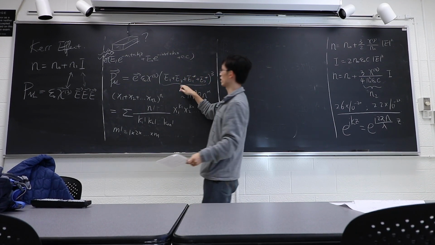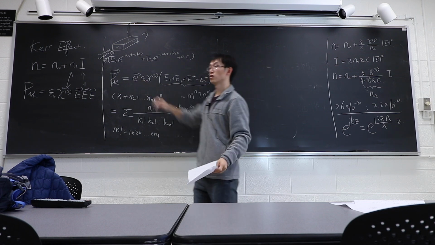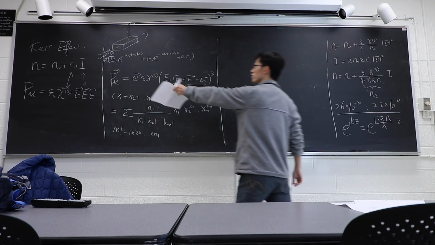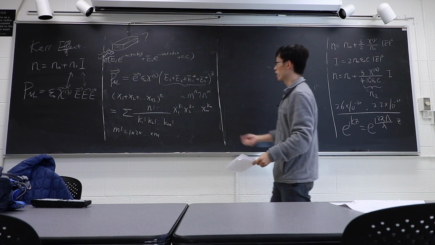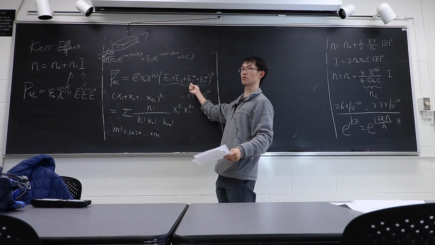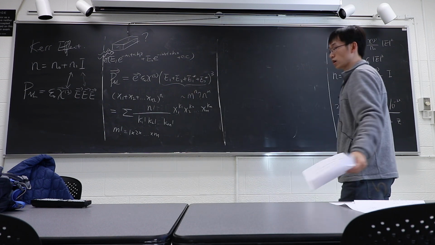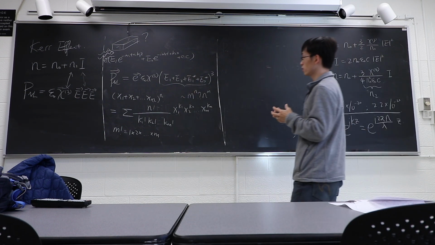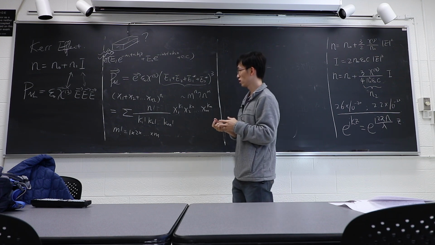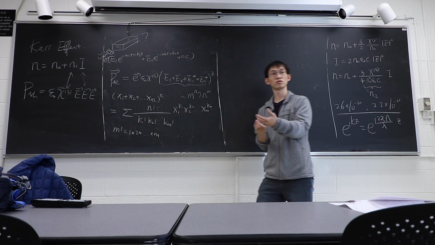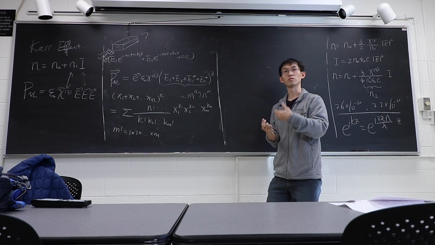Now let's look at our equation here. We just take out this term. We don't care that much about this coefficient for now. So we have x1, x2, x3, x4, four of them, and we're only interested in the case where the phase matching condition doesn't play a role.